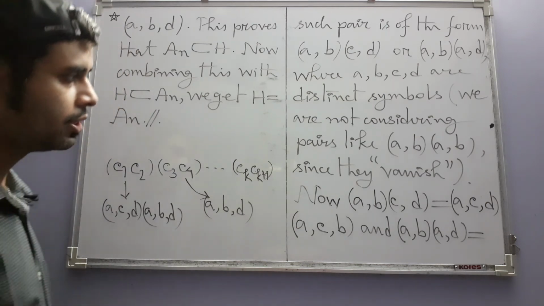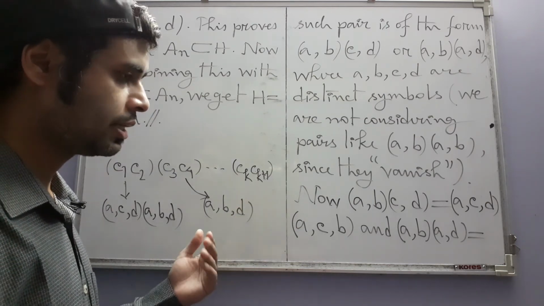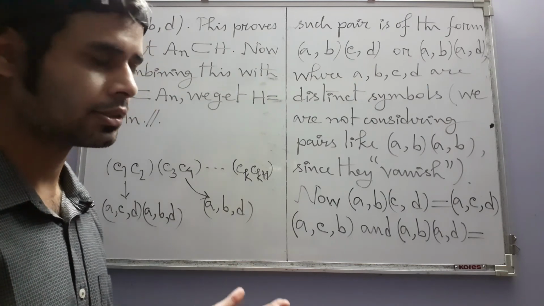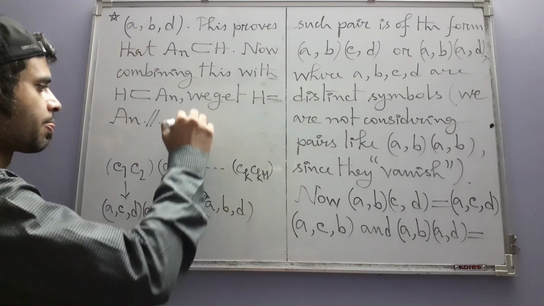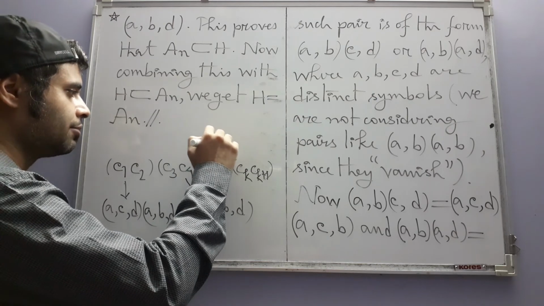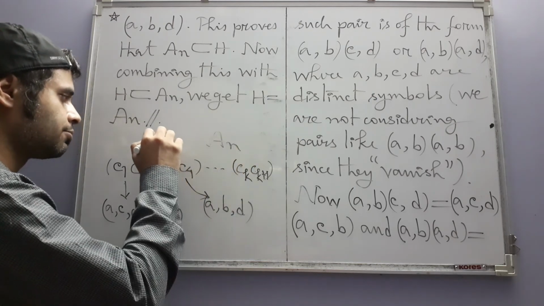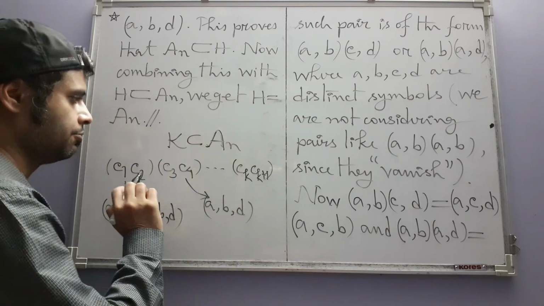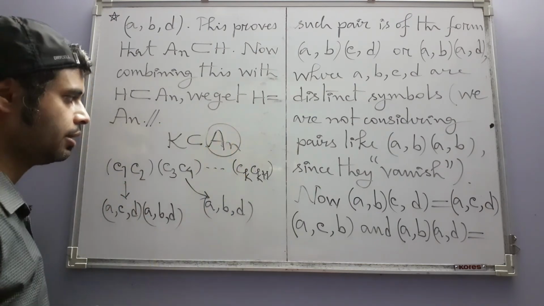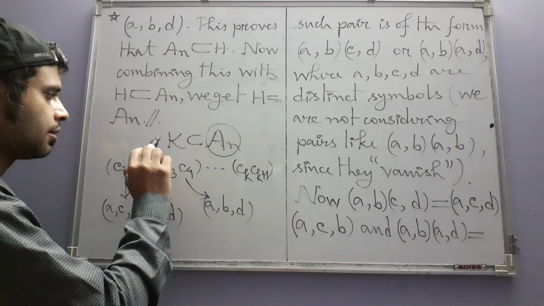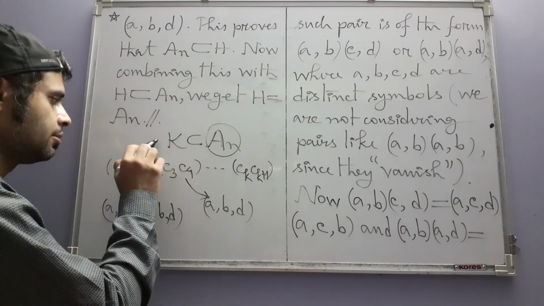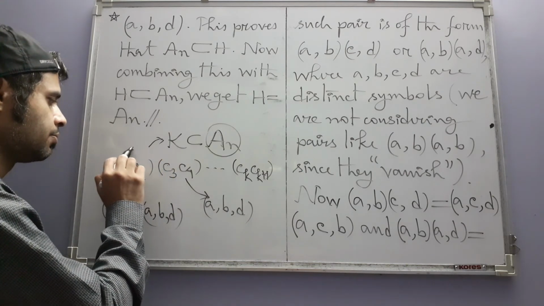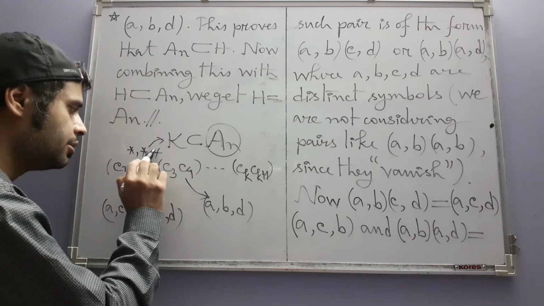But before I do that, let me just tell you about the next exercise. In the next exercise, we are given a subgroup K of A_n itself, the alternating group of degree n, and the hypothesis is that K has at least one 3 cycle.